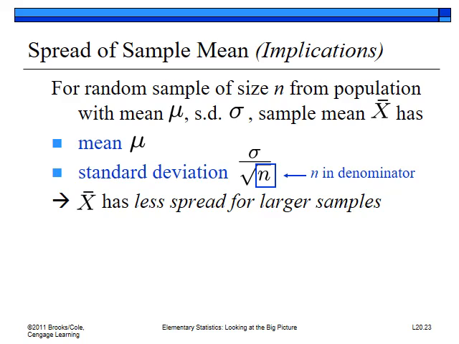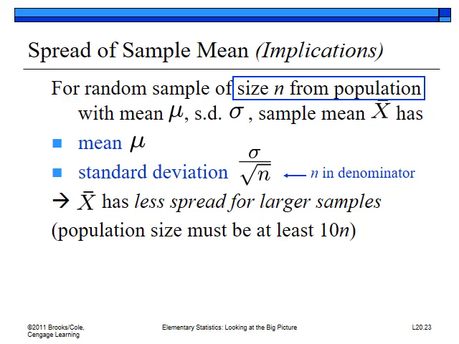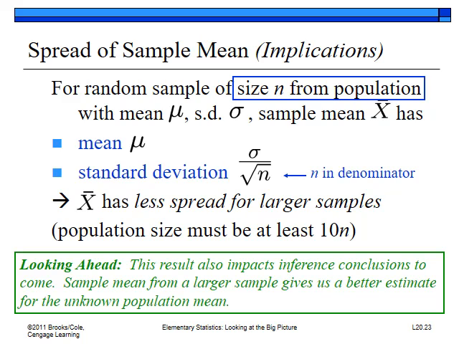More and more data were clustered around that mean, and the tails became less pronounced. Remember, for this formula for standard deviation, the size of the population needs to be at least 10 times the size of the sample. We'll also need this when we start on inference. The bigger the sample is, the better our estimate will be for the unknown population mean.